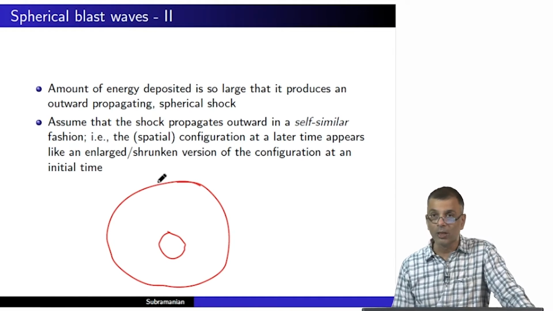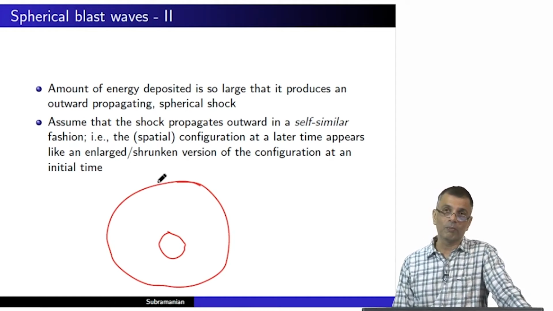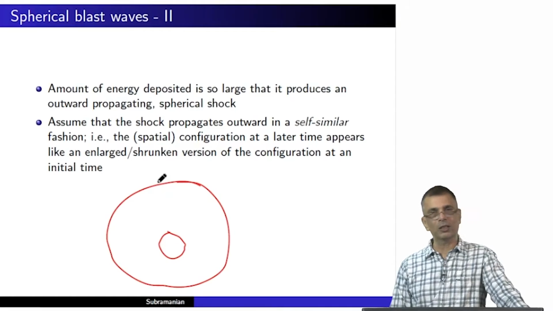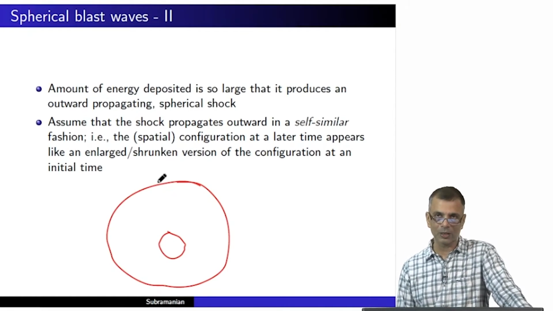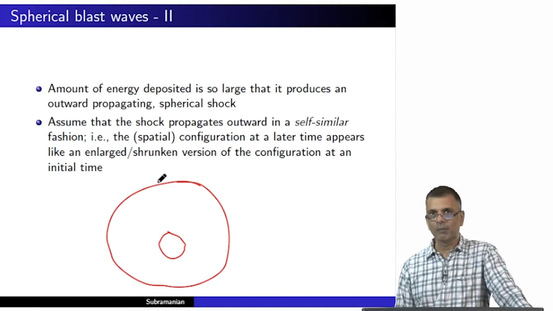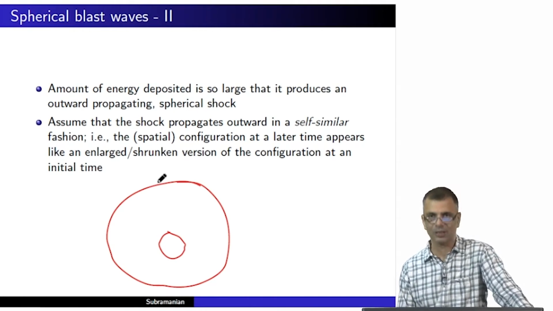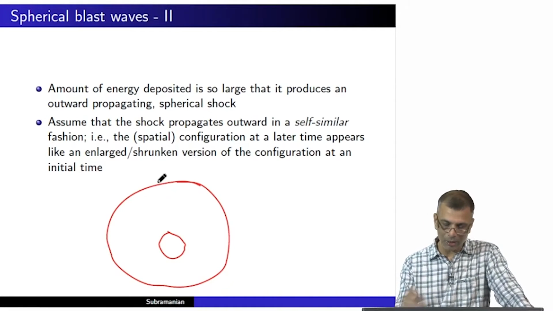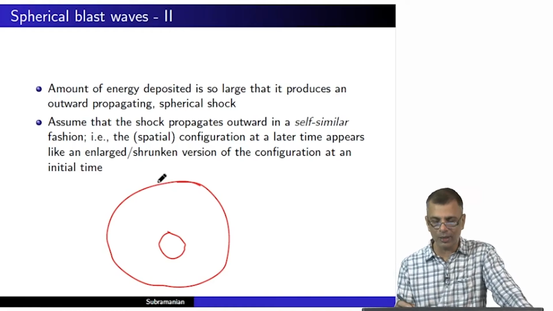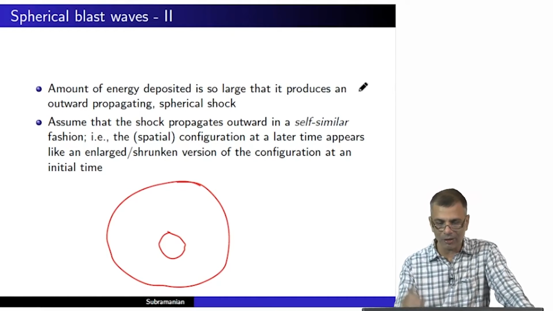You do not have to consider partial differential equations; they reduce to ordinary differential equations. So this is one advantage. The other advantage is that it is quite motivated by observations. Observations strongly suggest this kind of self-similarity. Okay, all right. For the time being, let's proceed ahead, noting that these are the central assumptions.